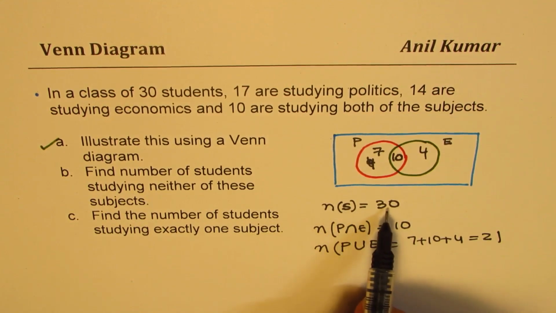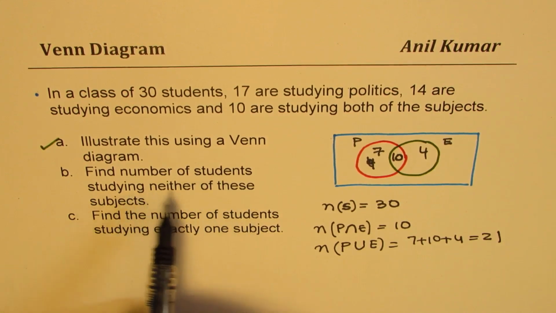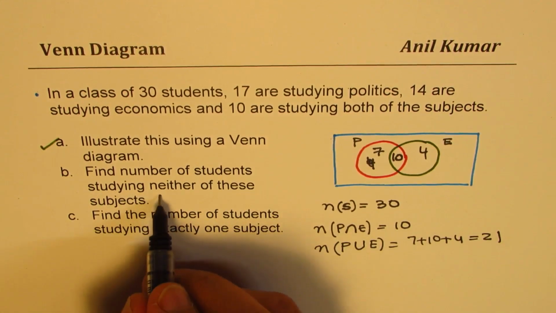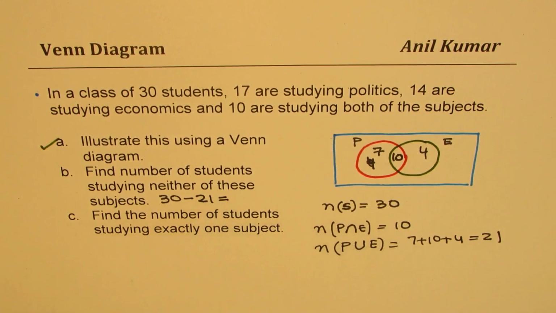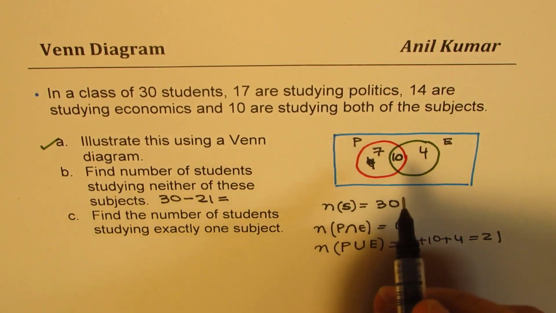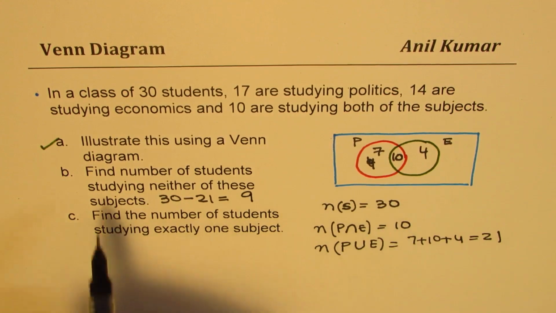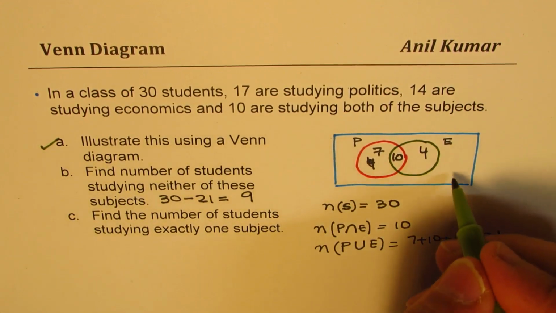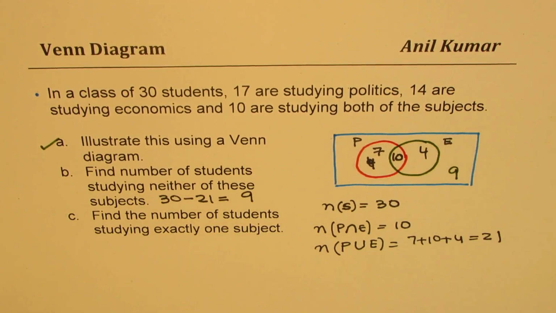But we have in all 30 students. The question here is find number of students studying neither, right? So that will be 30 minus 21. So that gives you the answer for students who are not studying any of these subjects, which is 9, correct? So for B, we have 9 students, correct? That is outside. The total was 30 for us. So if you add them, now you get 30, right?